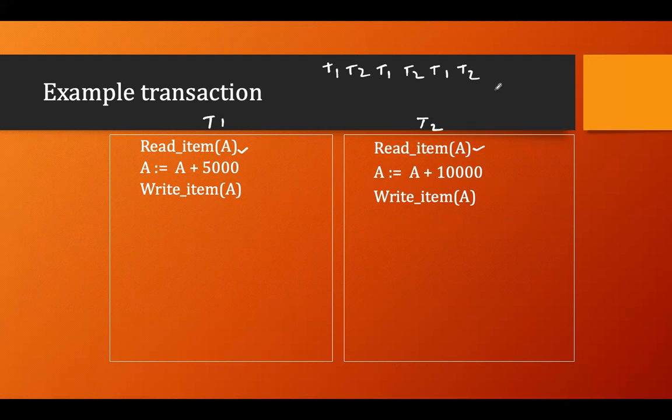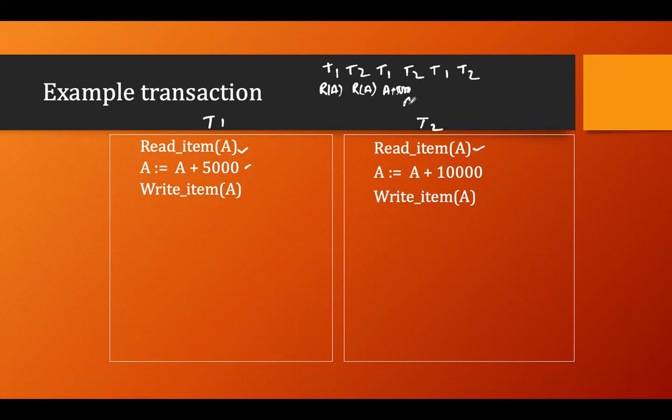So when we execute simultaneously, some of the operations of one transaction will execute, then some of the operations of another transaction will execute. Let's assume some read operation has been done, and here again some read operation has been done by T1. Then a modification operation has been done, meaning A has been modified with 5,000.